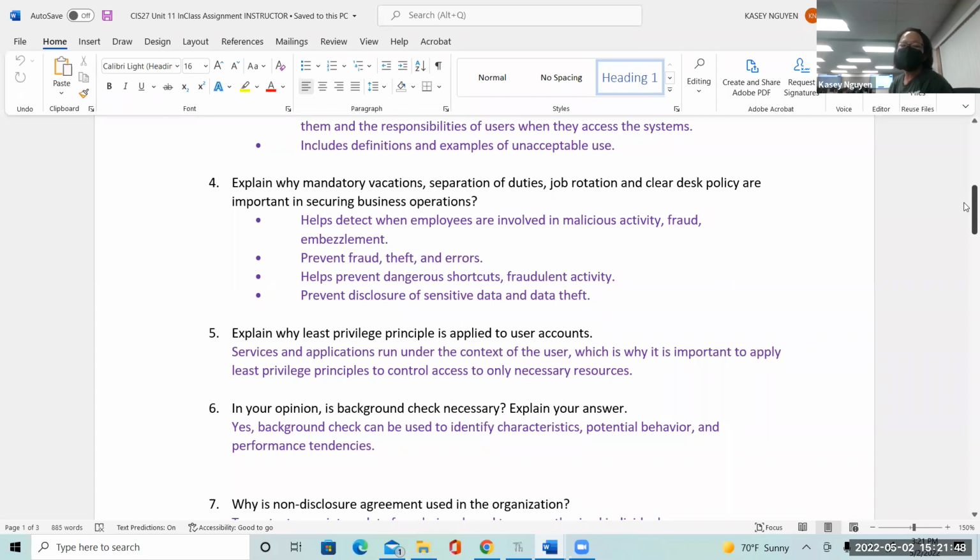And so for the least privilege principle, why is it applied to all user accounts? Because your user accounts are related to services and applications, right? We normally assign user privileges so that, let's say, all users can use an internet browser, but not all users can use a virtual private network connection or an application for the human resource database, financial system, or healthcare system, right?